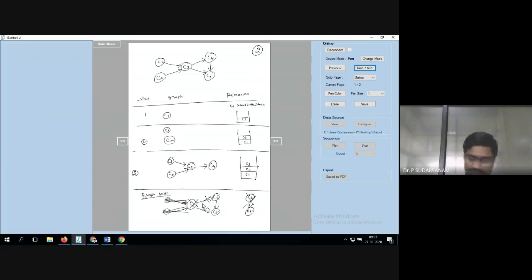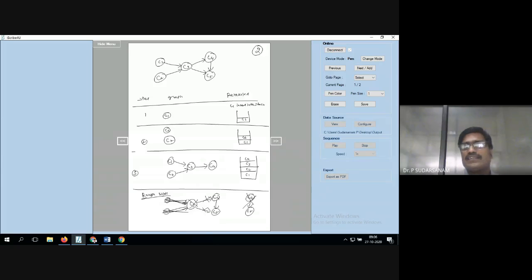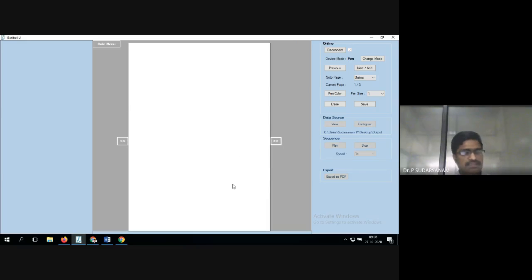Next, which one doesn't have in-degrees in this? Only C5. Yes, write it here, C5.